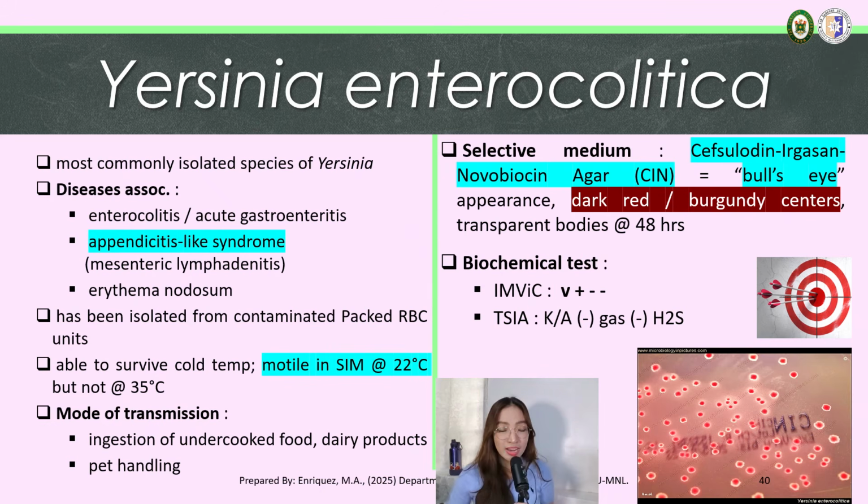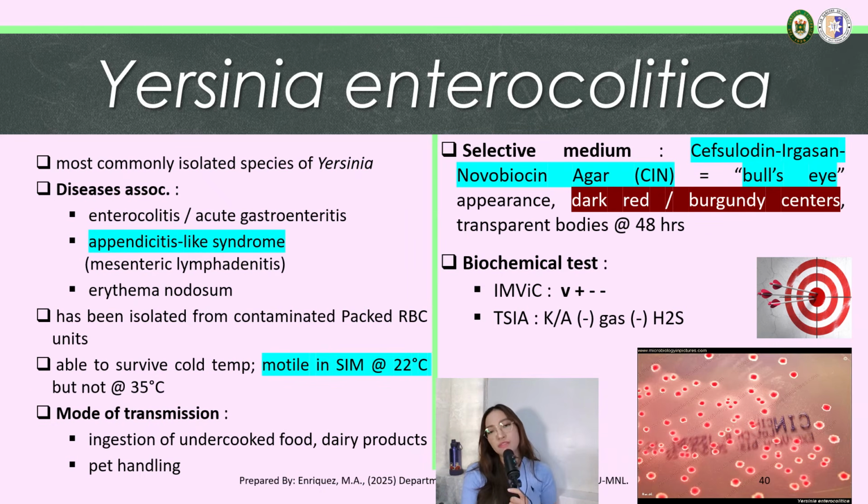Okay, ulitin po natin. Yersinia enterocolitica is capable of causing an infection that has been described as an appendicitis-like syndrome. So yung clinical manifestations daw ay similar with a person suffering from appendicitis.